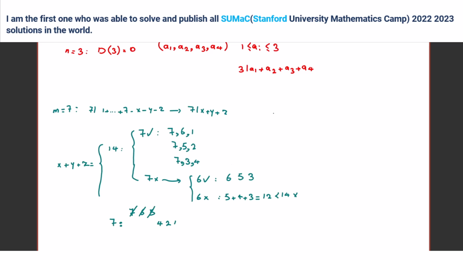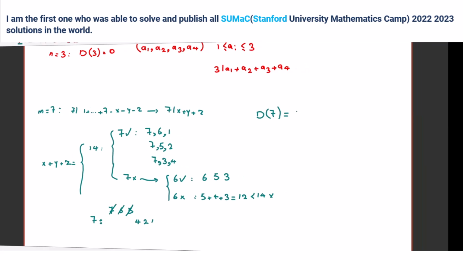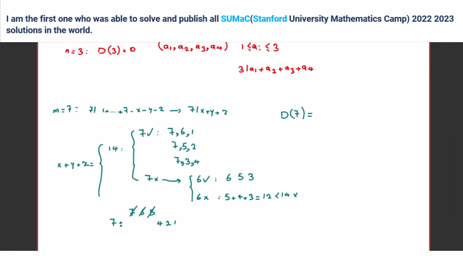So now can you tell me what this 7 is then? We have 5 cases, and 5 times 4 factorial? Exactly, 5 times 4 factorial.